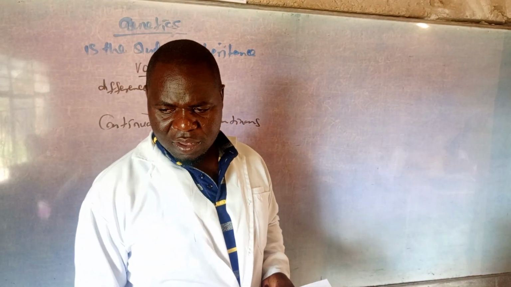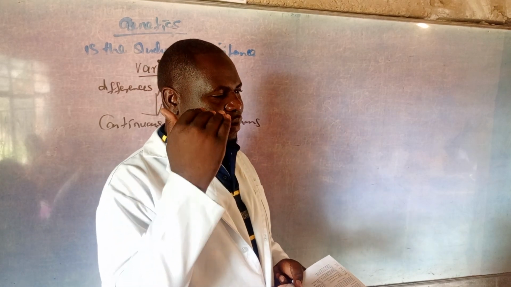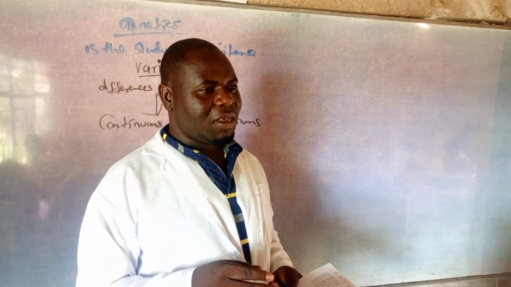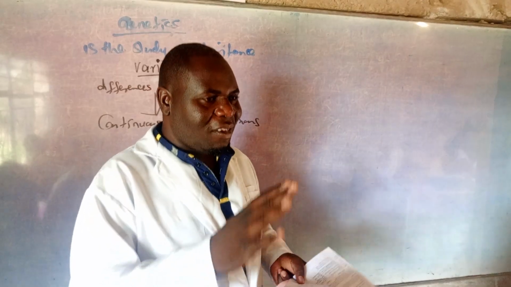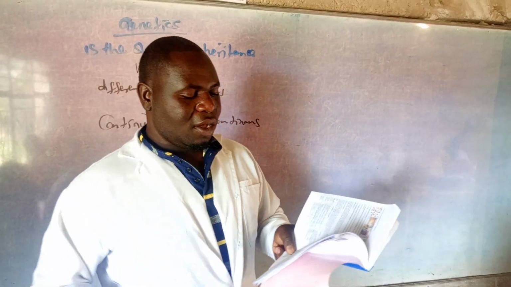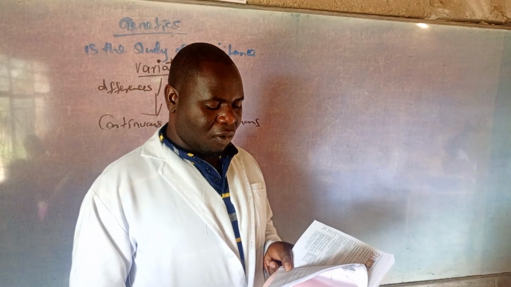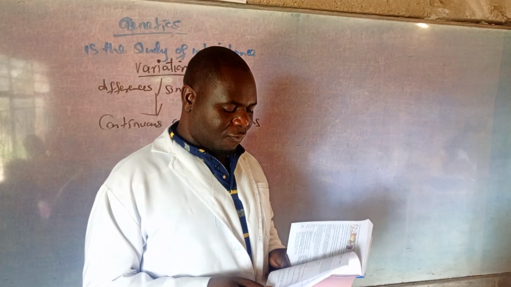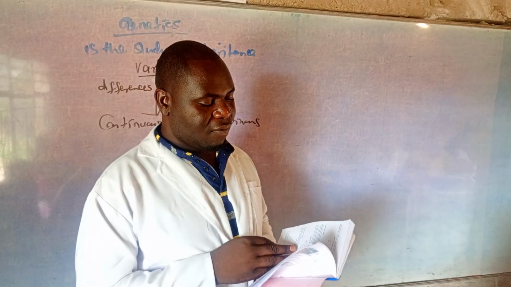True or false? True. Right. So some people have polygenic genes, which means their growth is controlled by many pairs of genes, one pair changing together. So these are the factors that cause continuous variation.